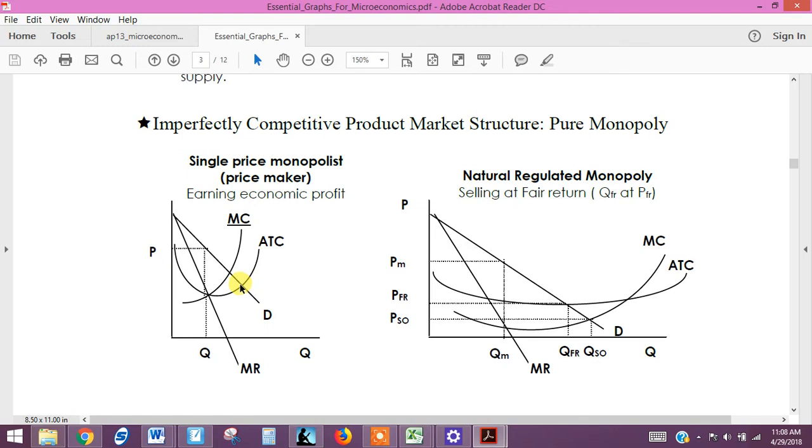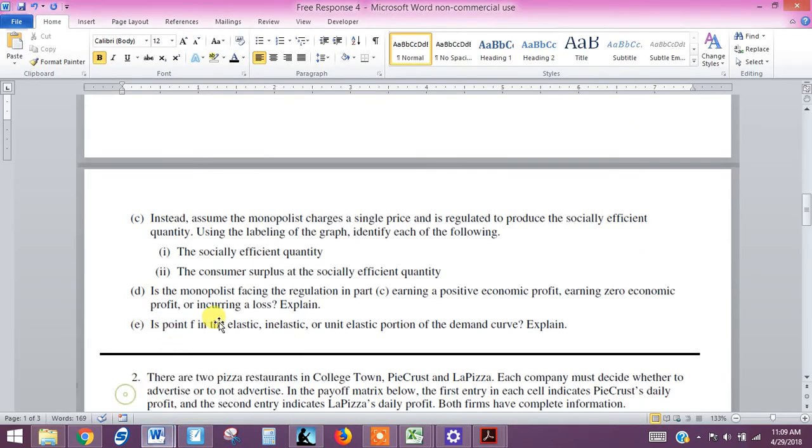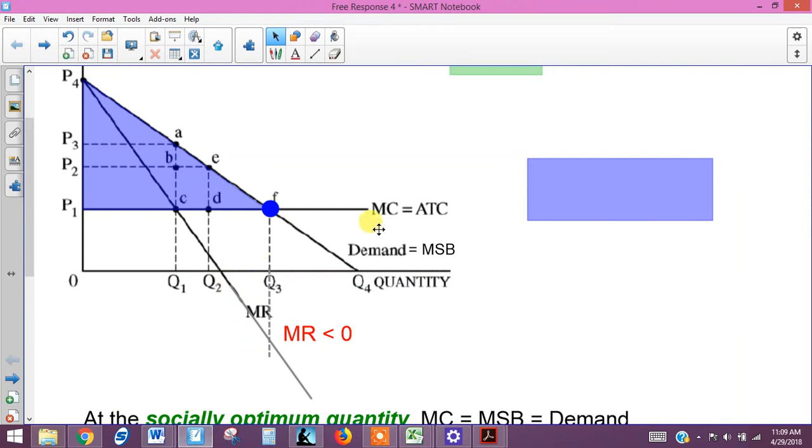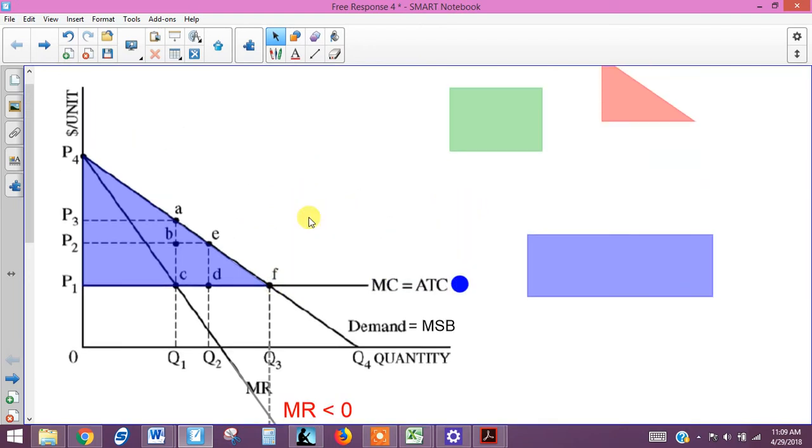This is more typical, but what we're seeing from the folks who write the AP exams is something a little different, where marginal cost and average total cost are constant and the same. So be aware of those differences.